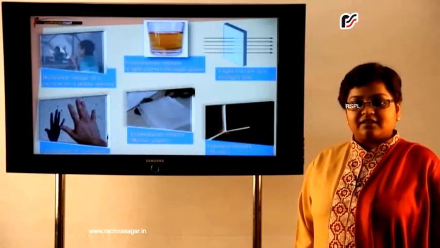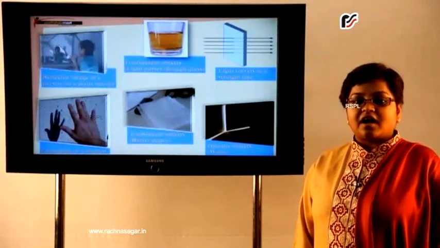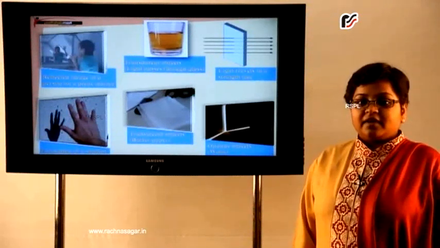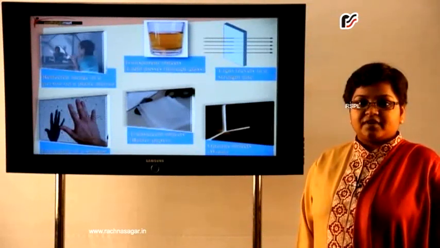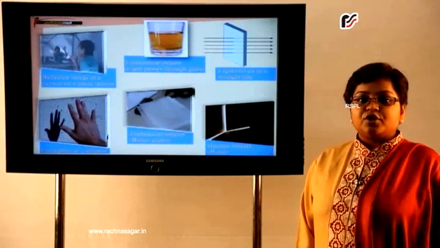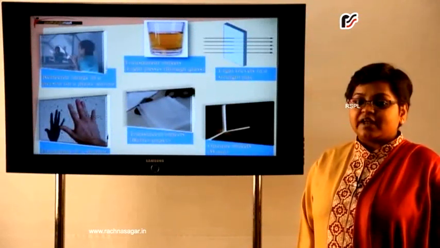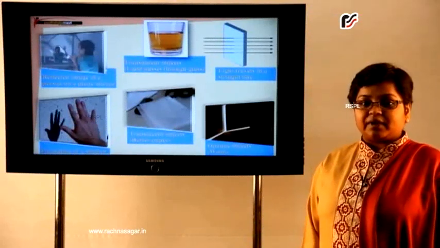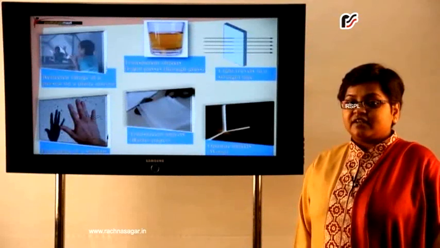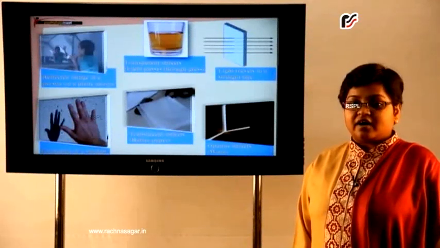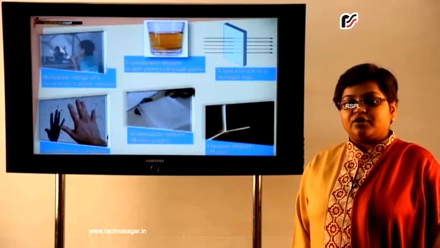Characteristics of light. The main characteristics of light are: number 1, light waves are non-mechanical waves, that is, there is no medium required for the propagation of light waves. For example, the light waves emitted from the sun reach the earth by traveling most of the way through the vacuum.